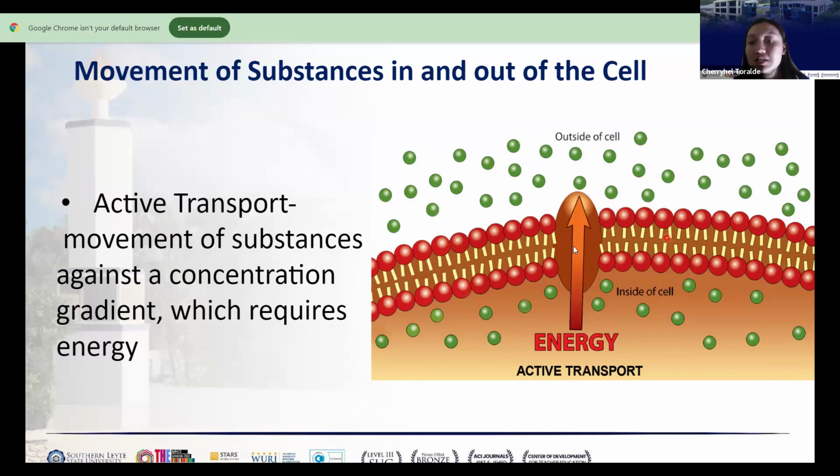Pero ang response pa rin niya is to pump more and more molecules outside of the cell. So how does it do that? Kailangan niya ng energy to pump it outside of the cell.